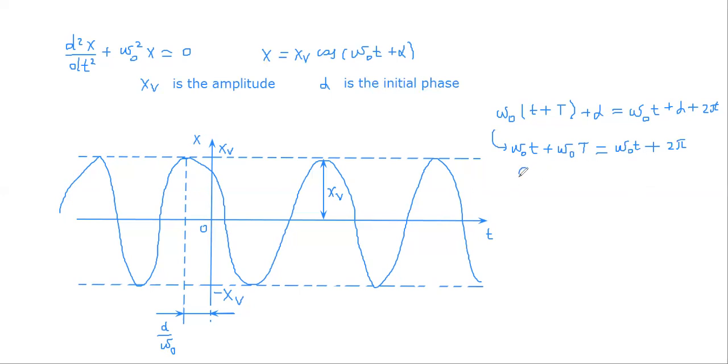And from here we have that the period of undamped small free oscillations is equal to 2π divided by omega 0.